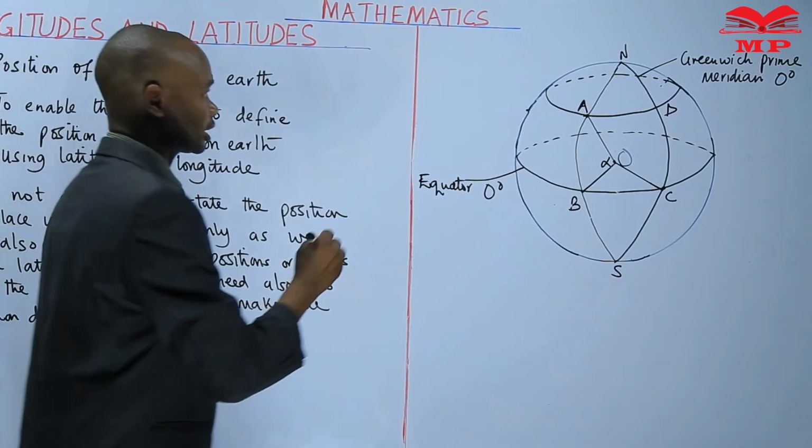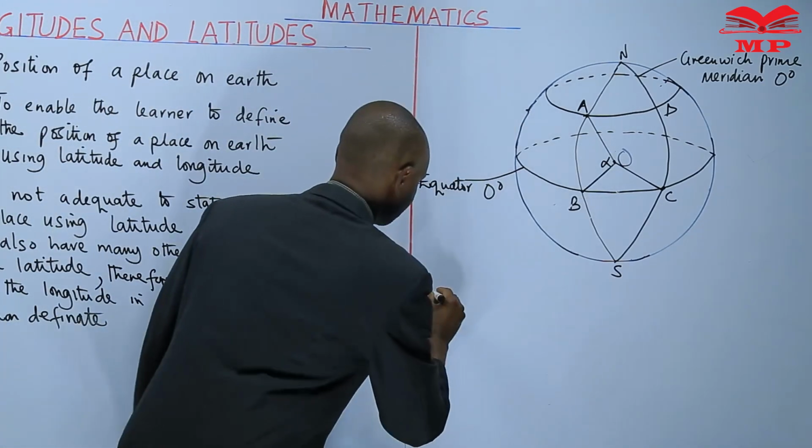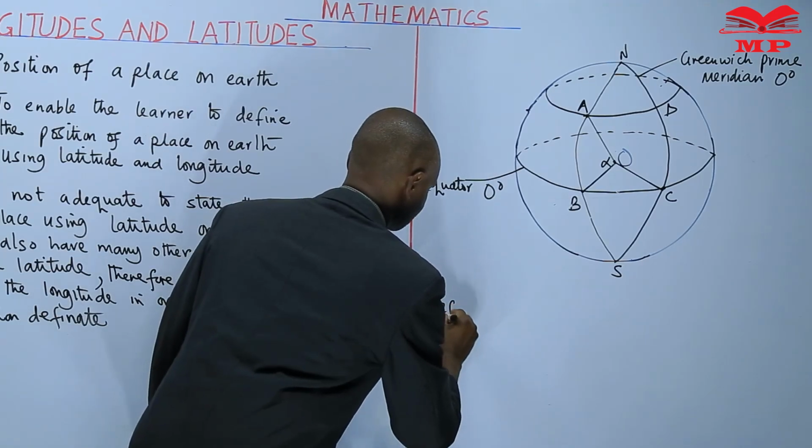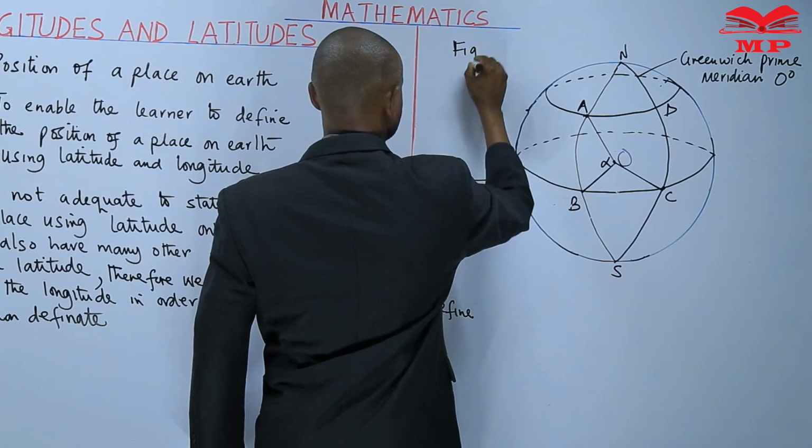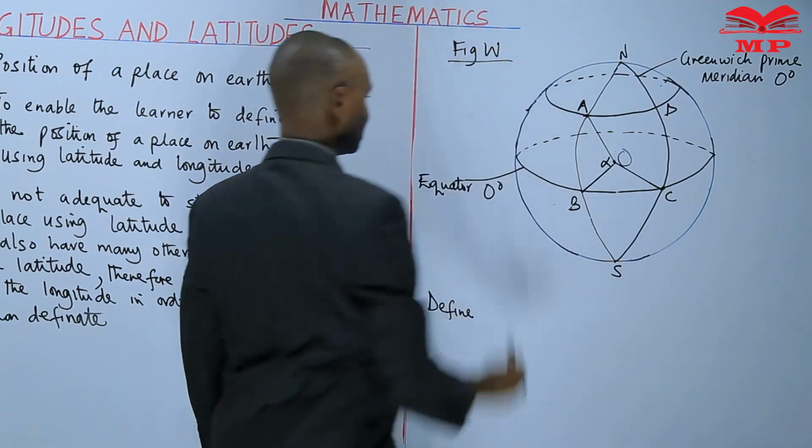So you can be told to state, define the positions in figure W. So learner, I have that globe.